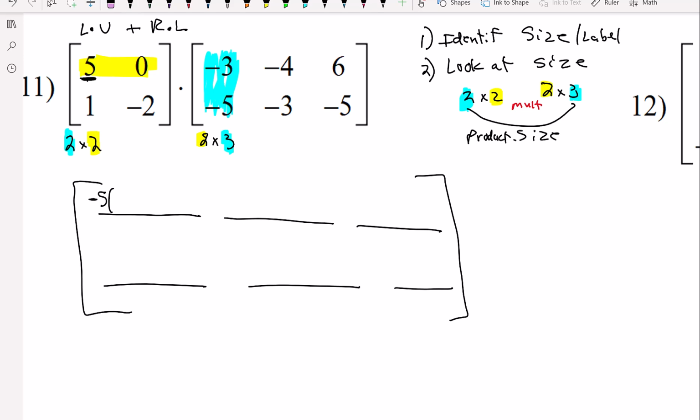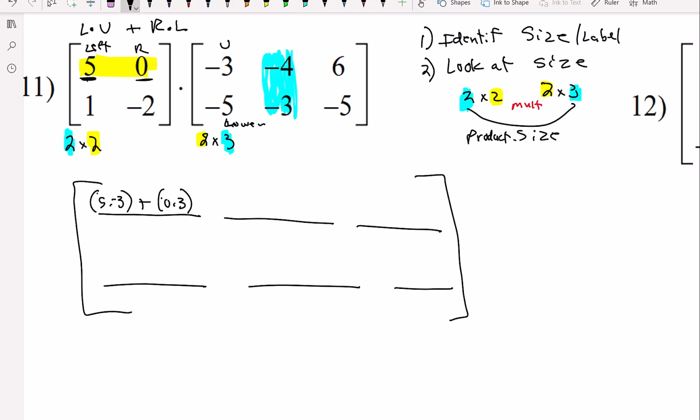So 5 times negative 3 plus, now we're going to take the right number. So this is the left number, this is the right number. This is the upper, this is the lower. I guess I could say B for bottom number. All right, so then it's plus 0 times 3.